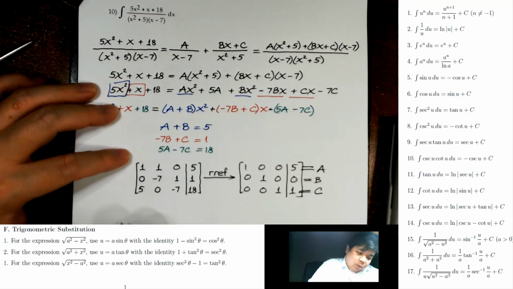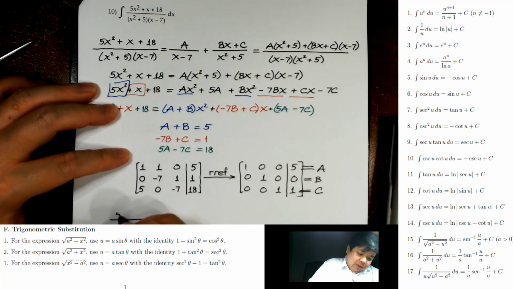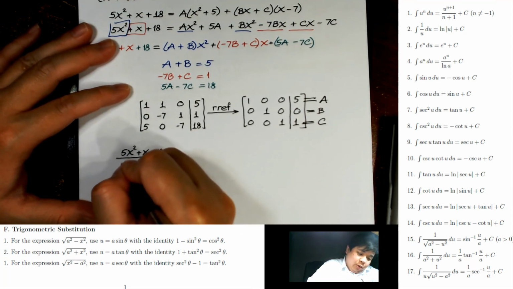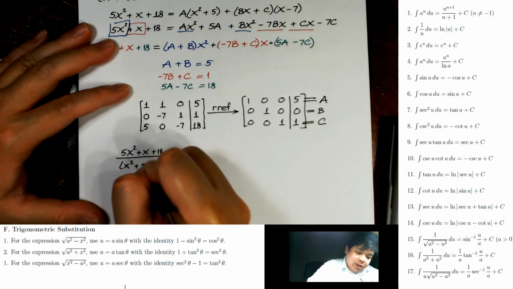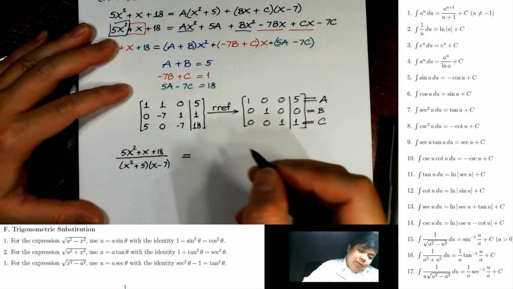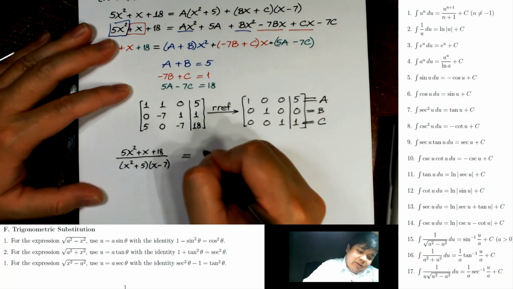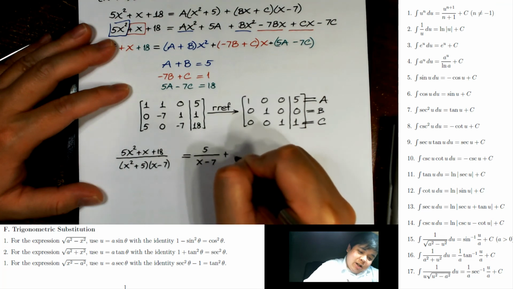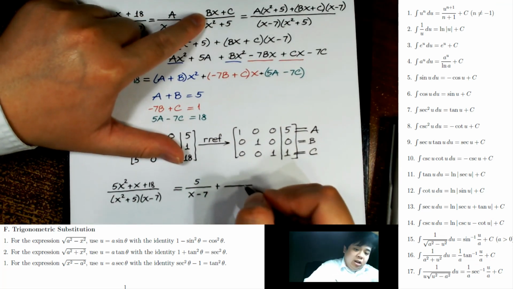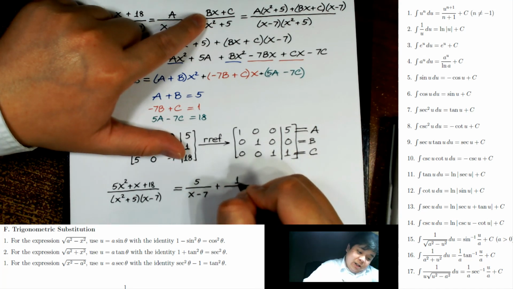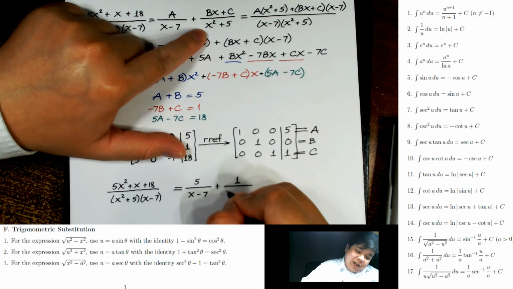So the original problem we have is 5x squared plus x plus 18 over x squared plus 5 times x minus 7, and it will be equal to A is 5 over x minus 7, plus bx, b is 0, c is 1, over x squared plus 5.